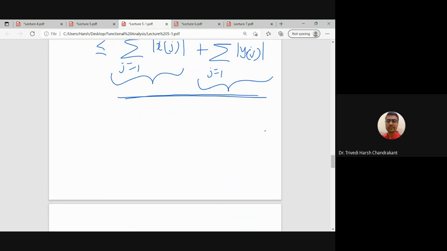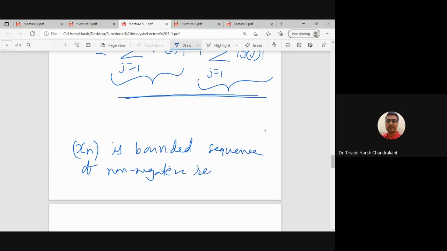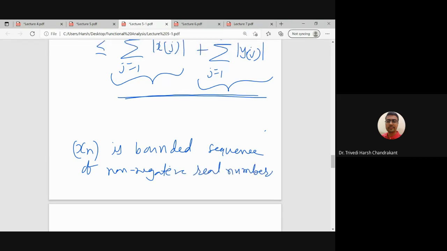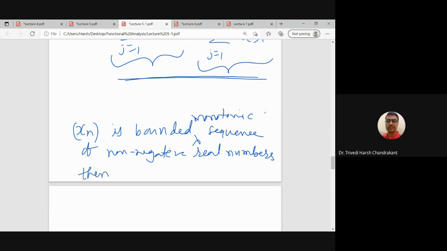So do you remember any result of real analysis that if xn is a bounded monotonic sequence of non-negative real numbers, then it converges? Do you remember this result?